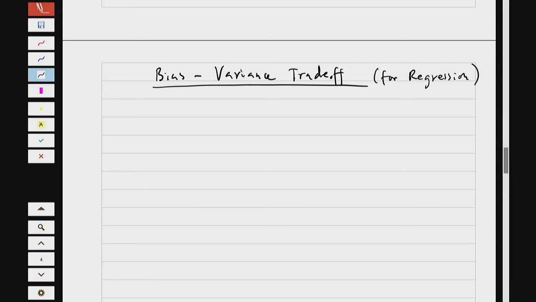All right, so how do we set this up? Again, we have a training set D, which has n data points, the same kind of notation that we have used from the very beginning of the class.